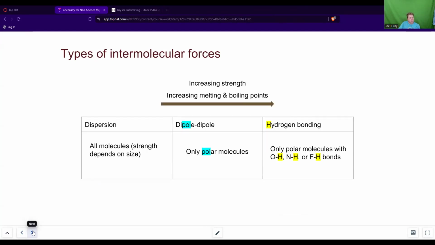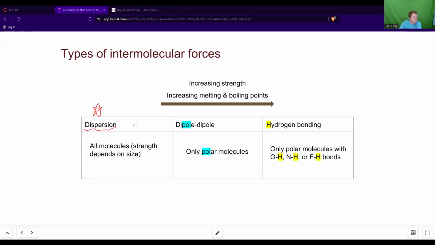Now, there are different types of intermolecular forces. And this table shows them in increasing strength. And as those strengths increase, physical properties like melting and boiling points also increase. Now, I'd like to draw your attention over here to the weakest of the intermolecular forces. They are known as dispersion forces.